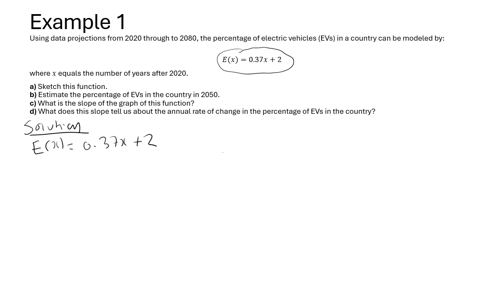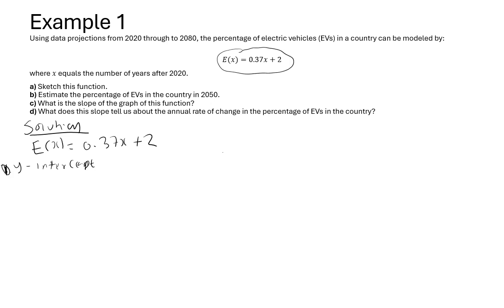In order to sketch this function in a graph, let's remember we need two steps. We need to find the y-intercept and the x-intercept. To find the y-intercept, that's our first step, step 1.